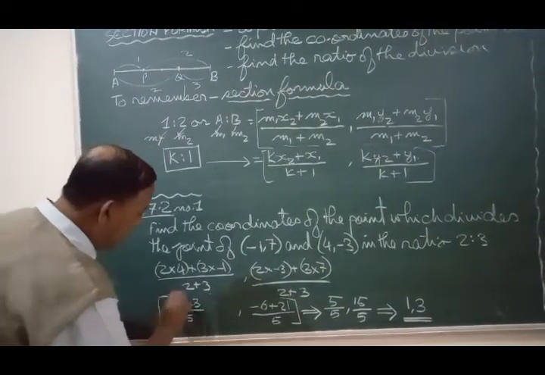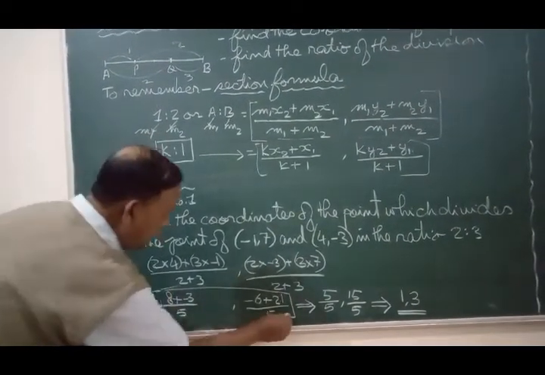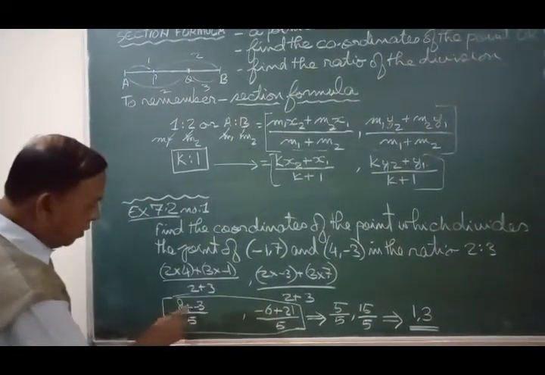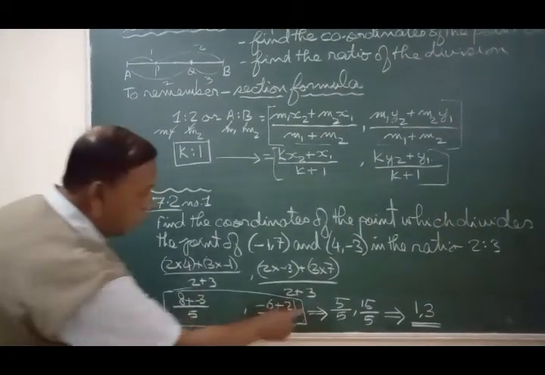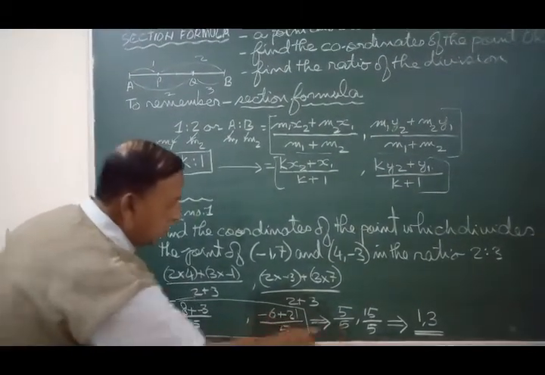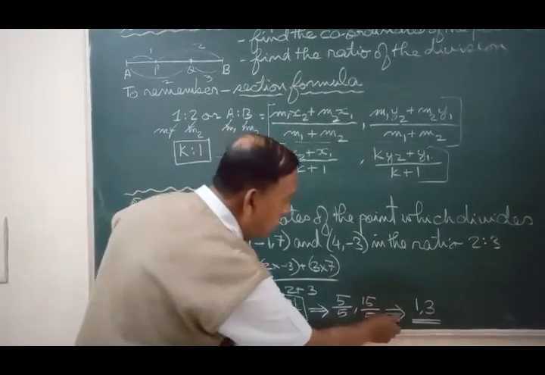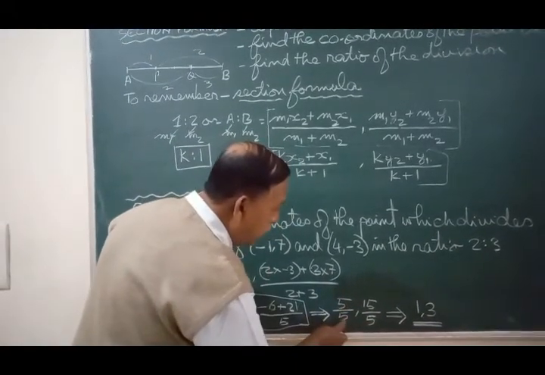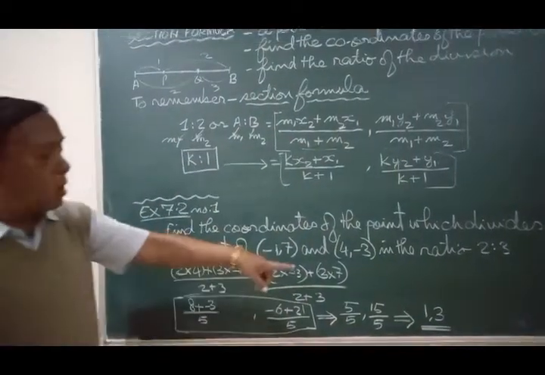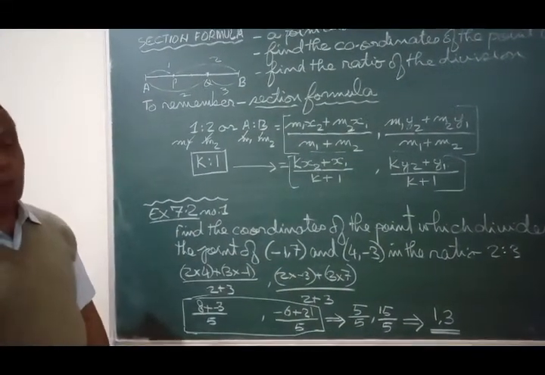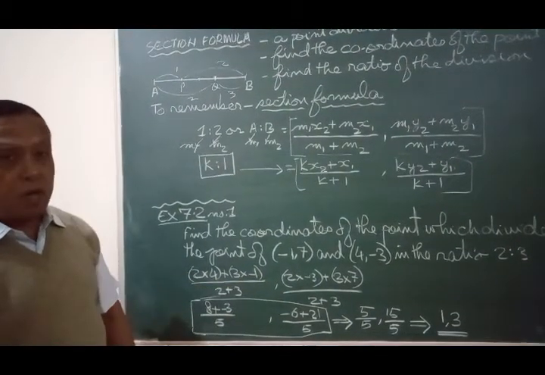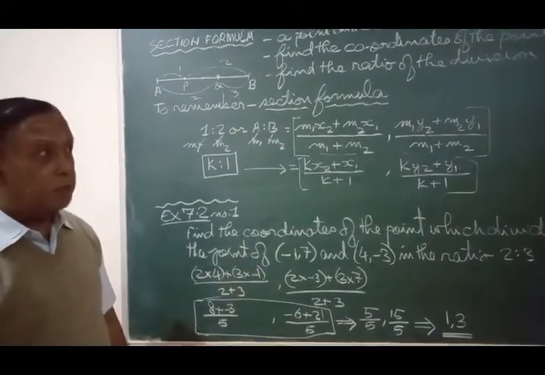And this whole thing is equal to 8 minus 3, 5 upon 5, and then minus 6 plus 21 is equal to 15 upon 5. So 5 upon 5 is 1, and 15 upon 5 is 3. So we have the coordinates of the point: 1 comma 3. As it is written, not the ratio but the coordinates.